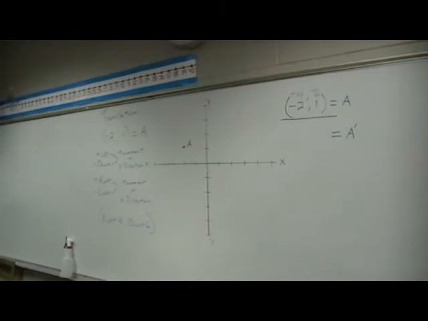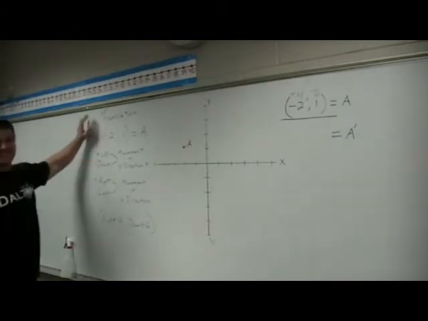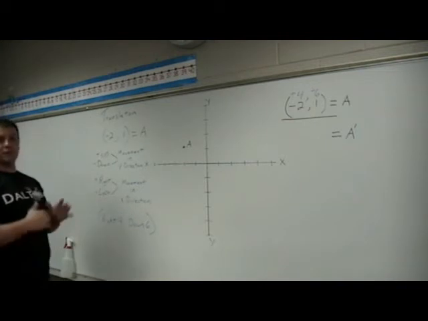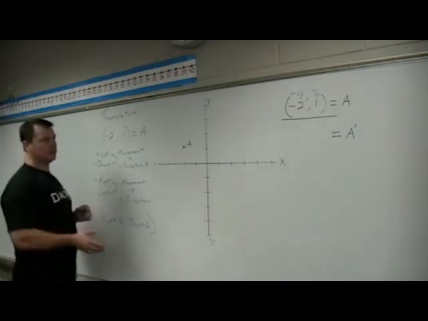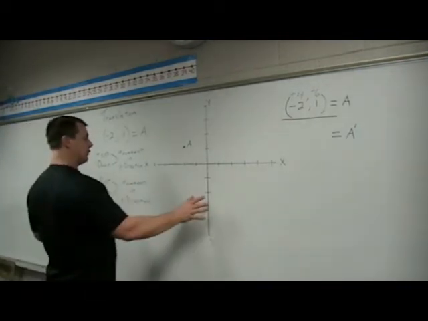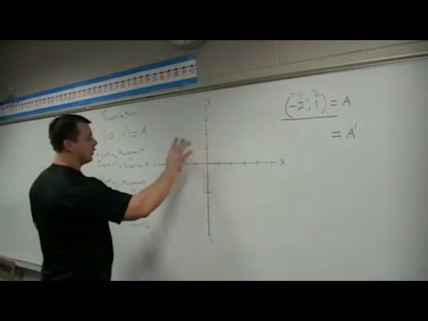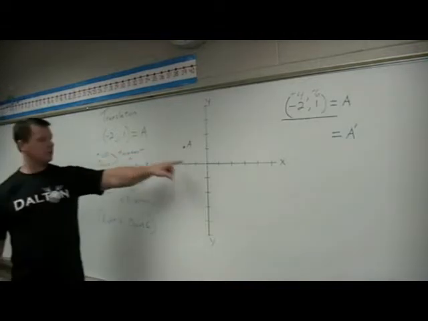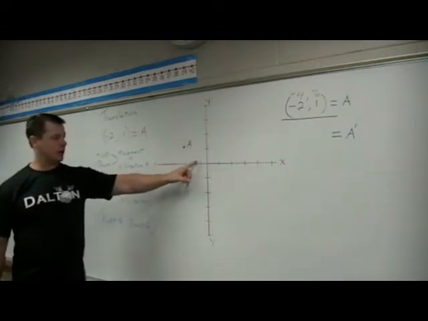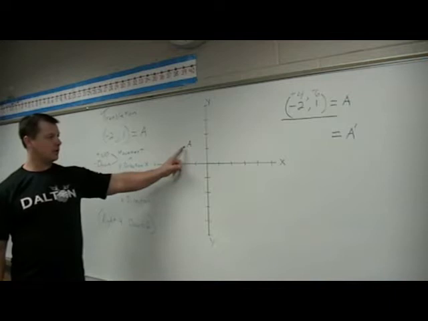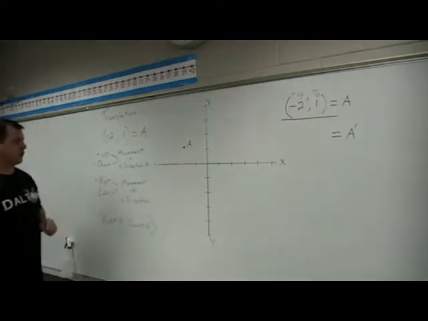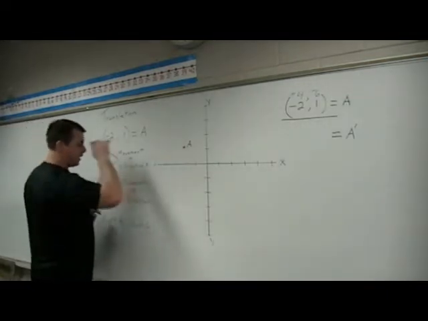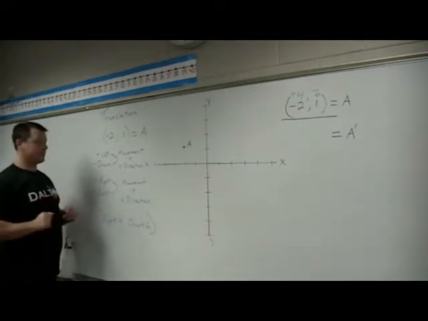Alright, the next transformation we're going to look at is translation. Translation means movement across a plane. So we're going to look at it as it pertains to a coordinate plane. The point we're going to look at is -2, 1. Start from the origin, -2, +1, there's our A. So we're going to translate point A, and there's 4 different directions you can translate it.